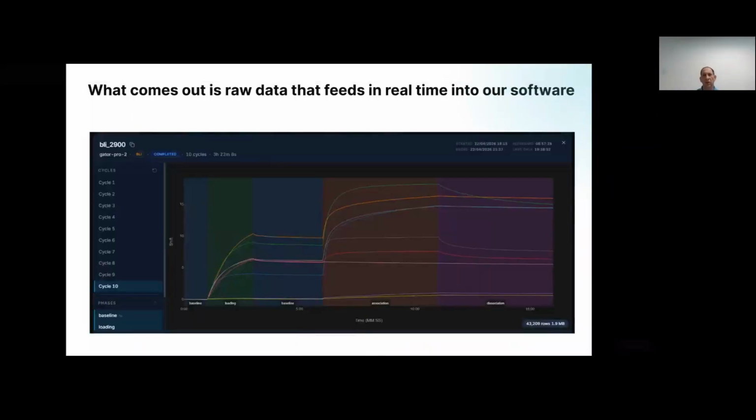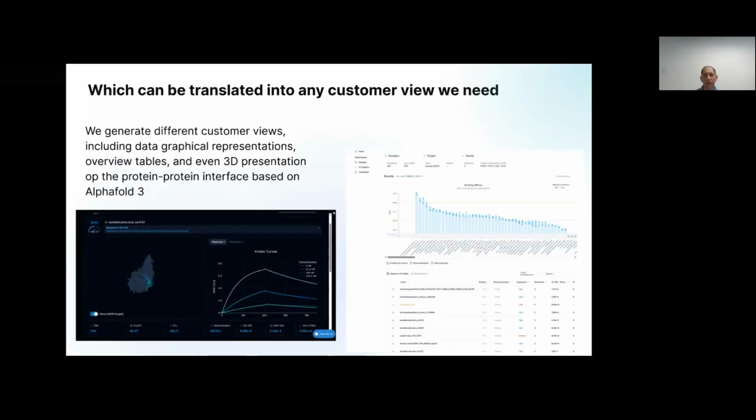And our software takes automatically the raw data created by the BLI. It does the post-processing of this data and packages it on one hand in a package that's easily readable for computers and software for the teaching of AI-based models.